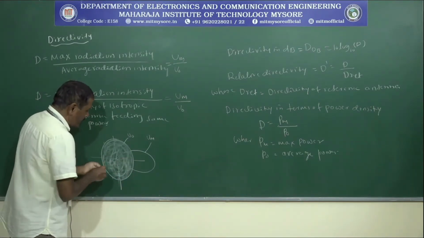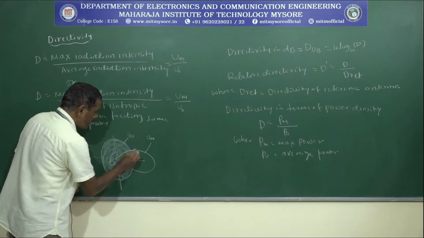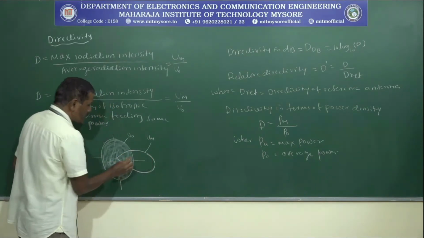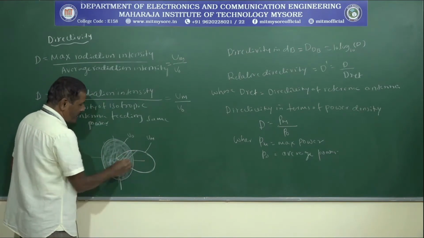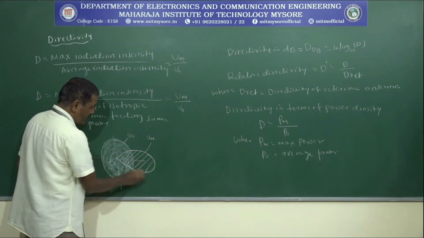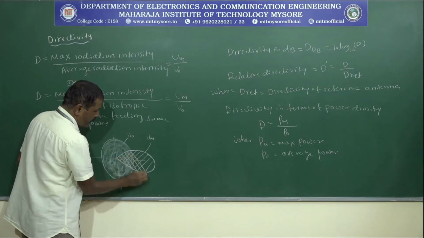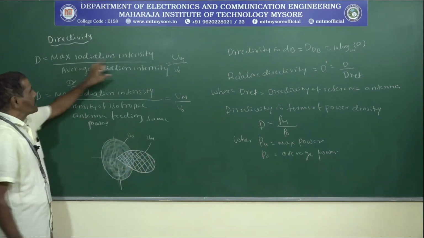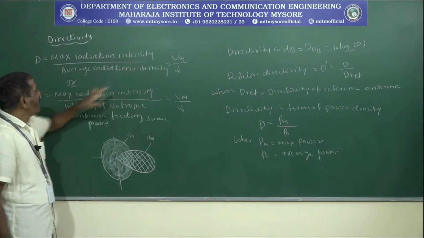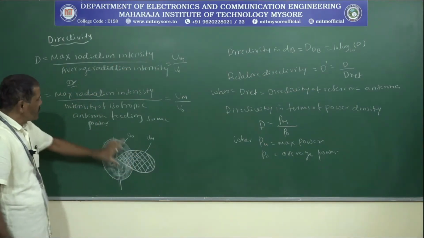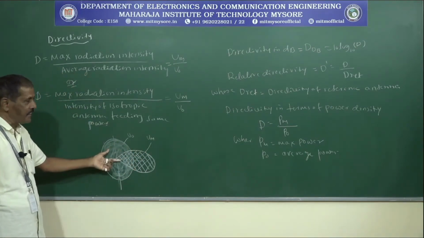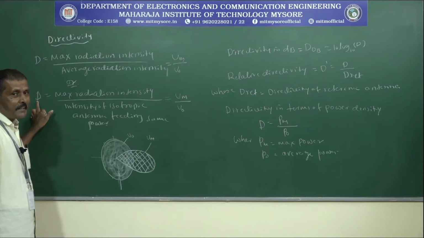And this one is the maximum radiation intensity of the antenna. The ratio of the maximum radiation intensity divided by the average radiation intensity gives the directivity.